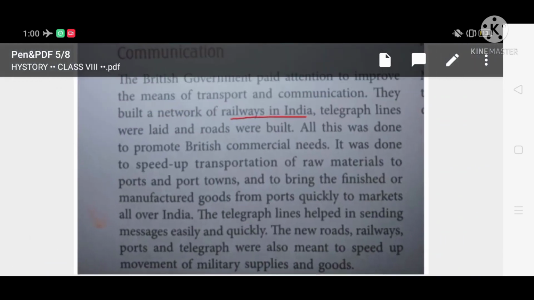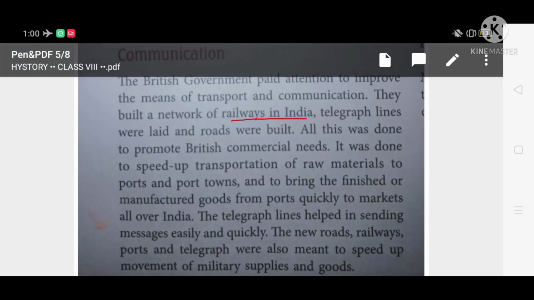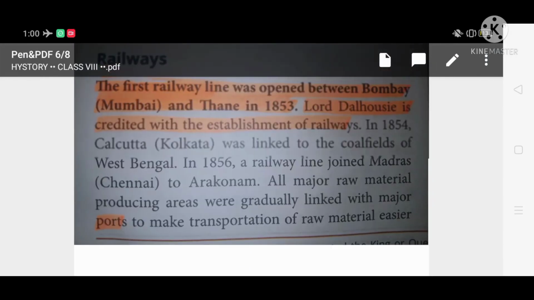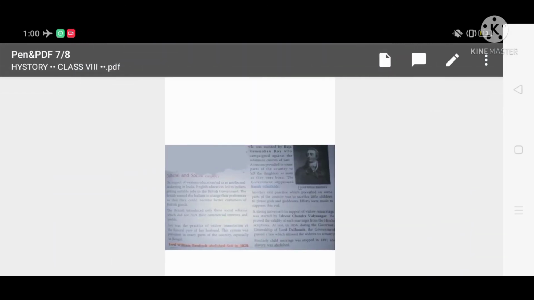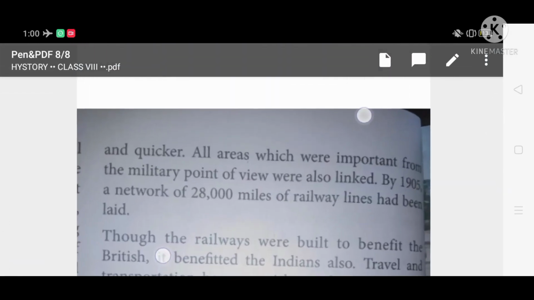The telegraph lines helped in sending messages easily and quickly. So the British introduced the telegraph along the railway. The reason being their own development, to communicate and to transport. The new roads, railways and telegraph were also a means of speedy movement of military equipment and goods, and quicker.